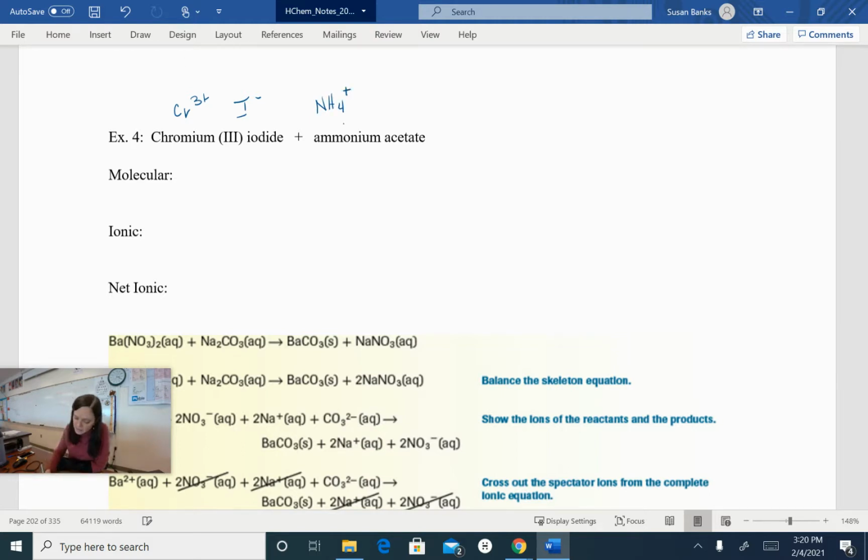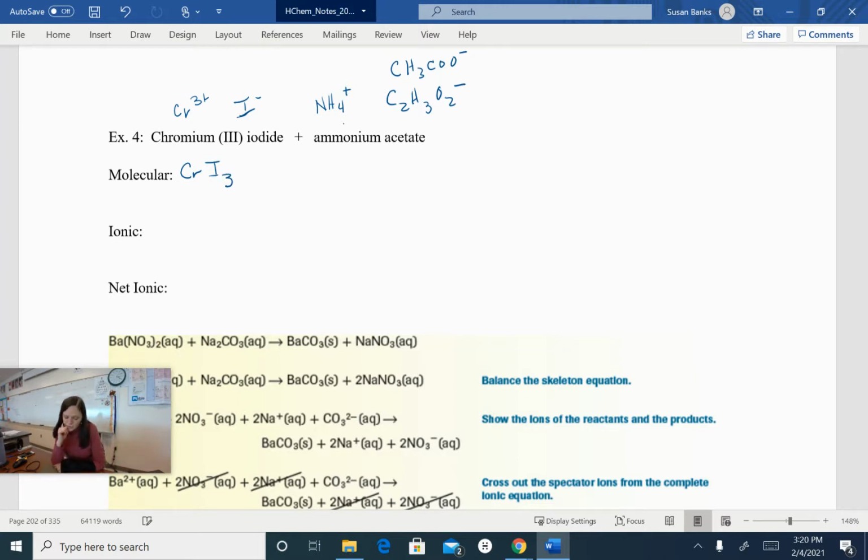And then acetate, we have C2H3O2, or you could write it CH3COO. Those are the two ways that you can write acetate, and they are both negative 1. It's the same thing. Okay, so chromium being a positive 3 and iodide being a negative 1, we're going to need 3 iodides on there.